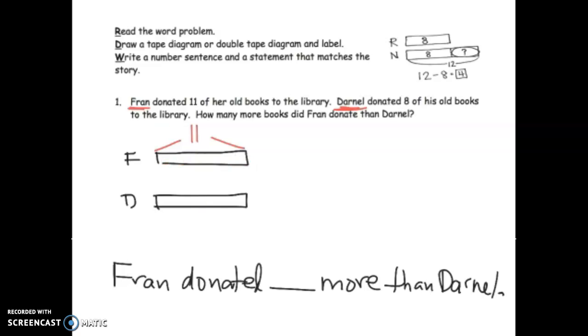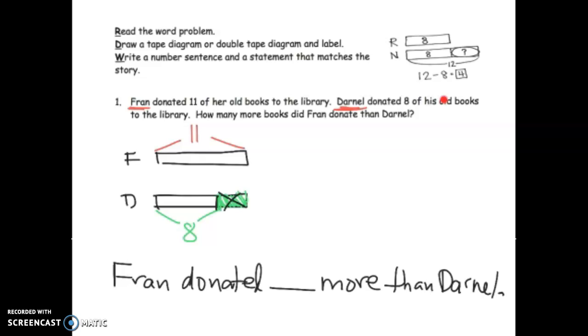Well, that means Darnell's tape has to be a little bit smaller than Fran's tape diagram, and that's 8 right there. So notice how we cut all this off, and now we have 8. So Darnell's tape is a little bit shorter than Fran's tape.